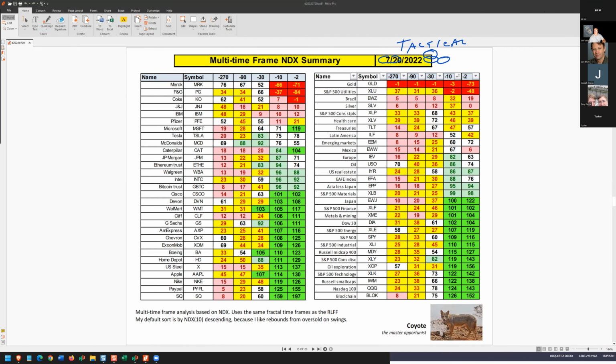Multi-time frame NDX. Real weakness in here. Merck, Procter, and Coke. Johnson & Johnson, not much better. So healthcare starting to suffer. There's the suffering in healthcare. So the sector has to do what the components are doing.